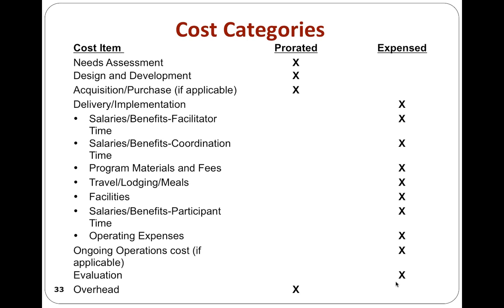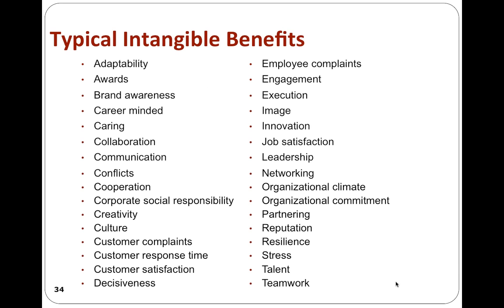With all the costs, let's don't forget, before we get to the ROI calculation, that we've got our intangibles. That's listed in the next slide. This is some of the typical intangibles that you see, and we have them in any program. They're great there in the product training as well.